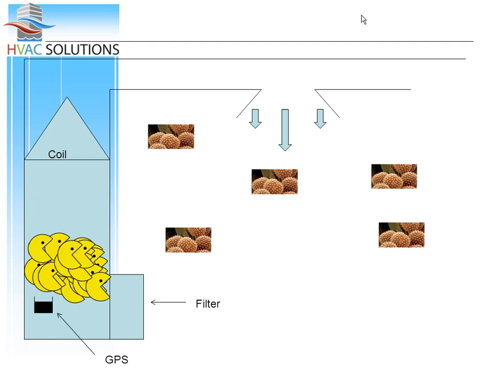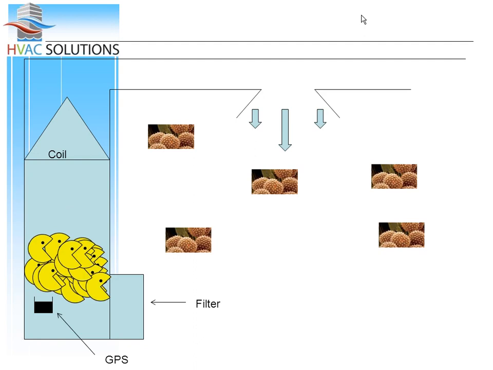So here is my grade school drawing of what we're doing. We've got a GPS unit mounted in the return of the unit. You can see your filter there. We're creating positive and negative ions, millions of them per second. I'm calling them Pac-Men because it's just easier for me.